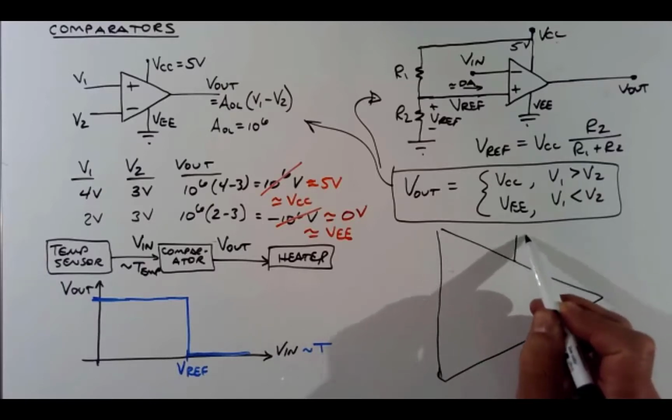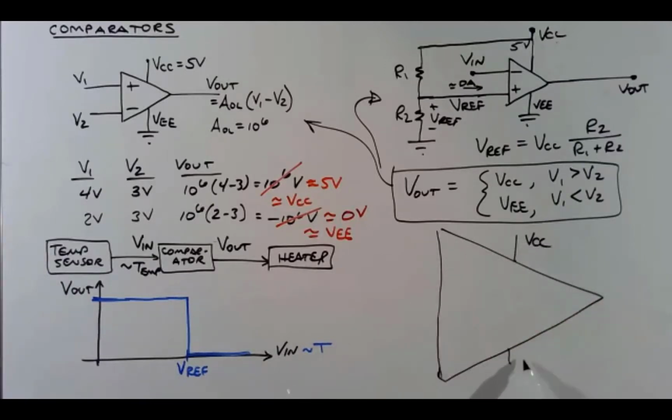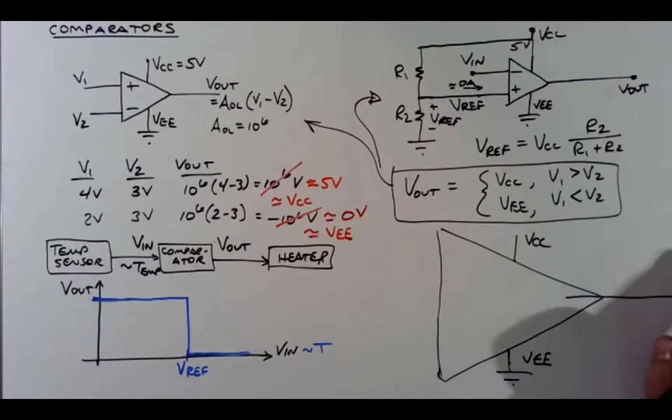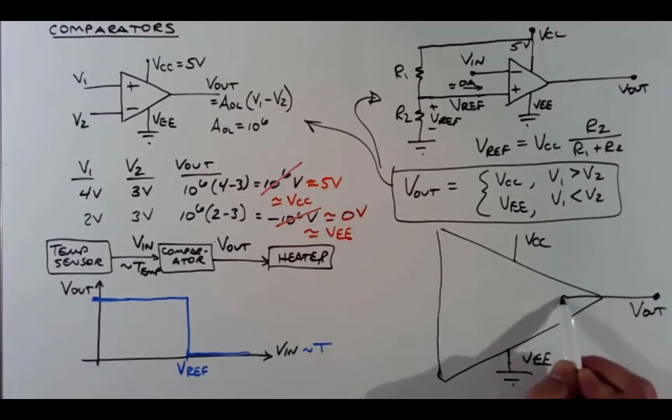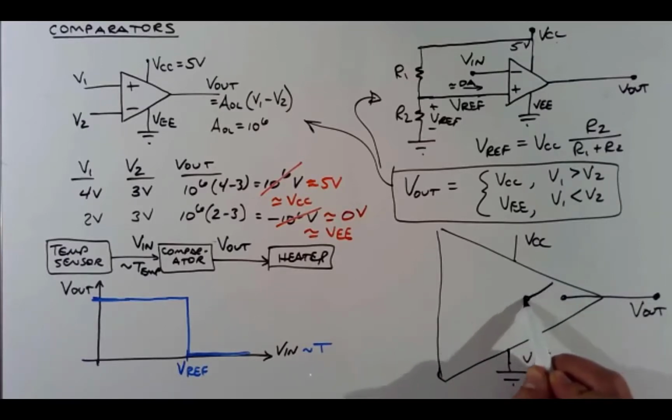Imagine you have your VCC and your VEE, and let's connect VEE to ground. Right, so down here it's connected to ground. And here's the output, V out. Inside, I'll show you the behavior first, and we'll replace this with a transistor, but I'm going to draw a switch.